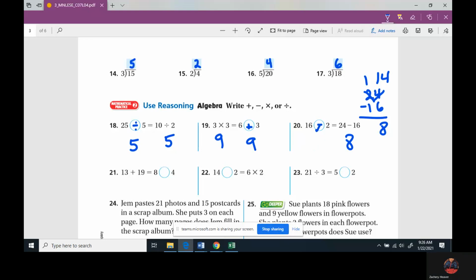No. 16 times 2. You guys don't know how to do that one yet? That's 32. That's tough. So, Andy, what's 16 divided by 2? 8. That's the right answer. Division sign.